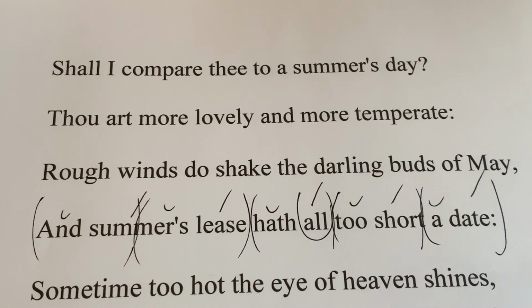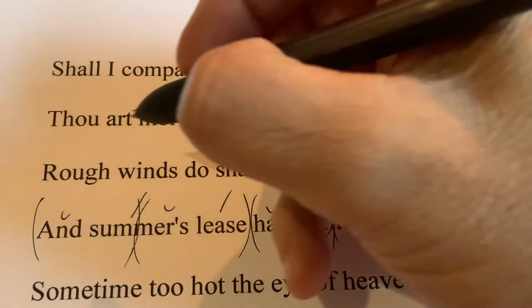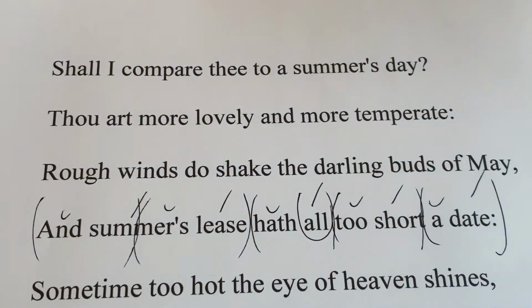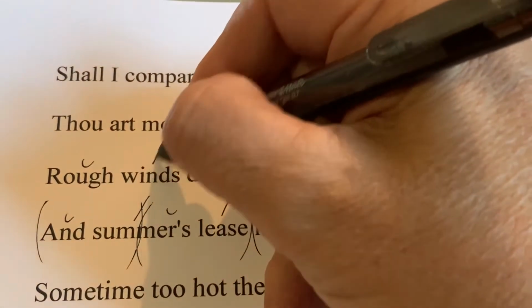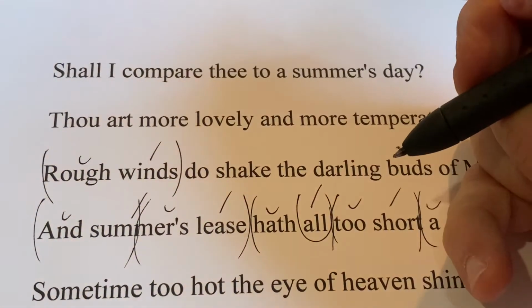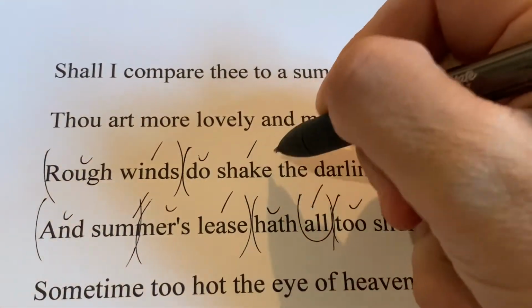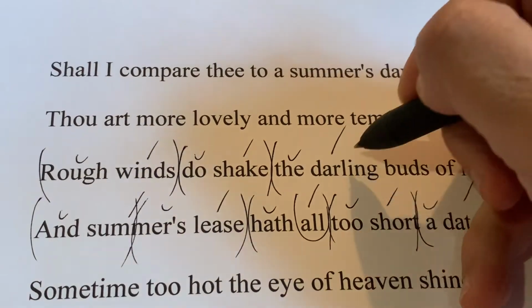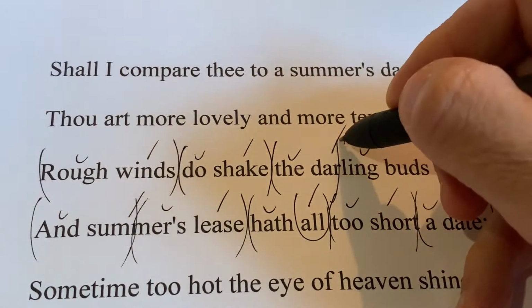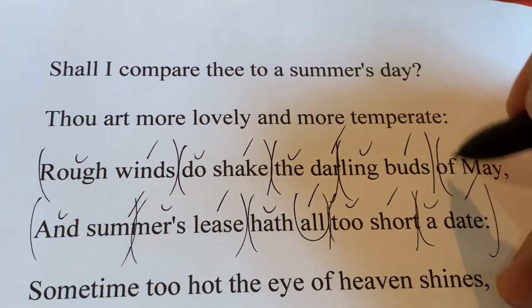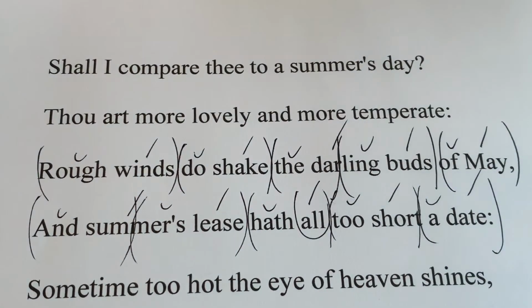The poem's already moving in an iambic rhythm. We don't have rough winds, we have rough winds. Rough winds. That's the foot. Do shake the darling buds of May. Rough winds do shake the darling buds of May.